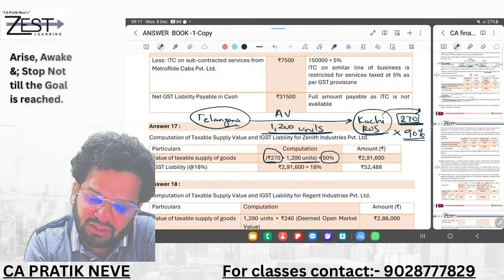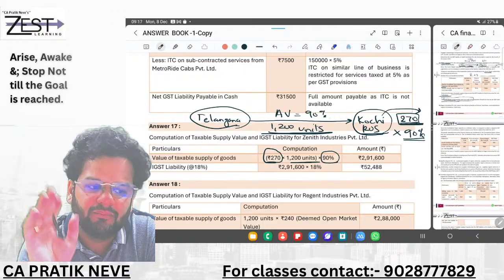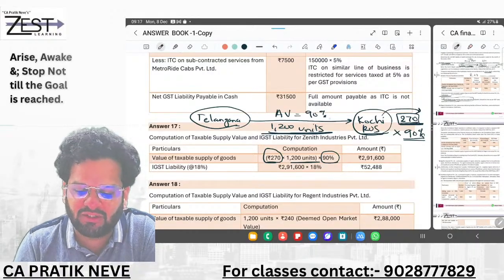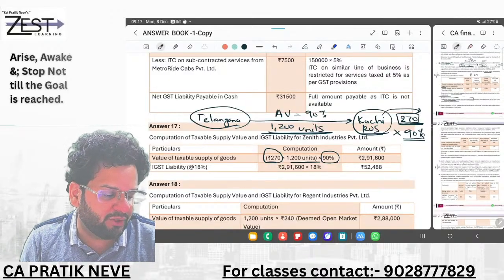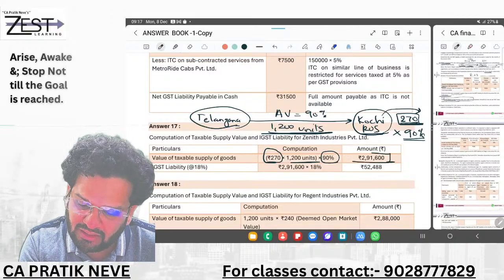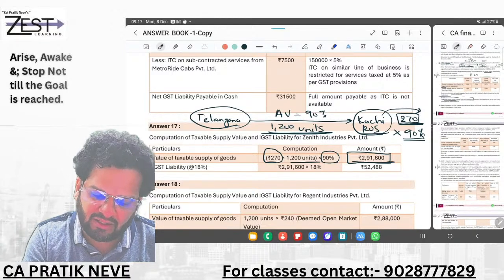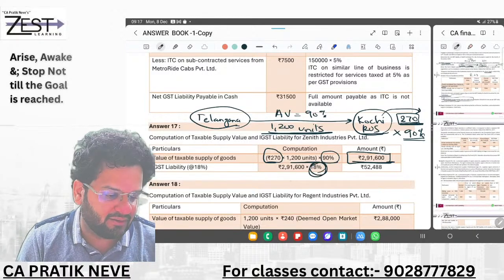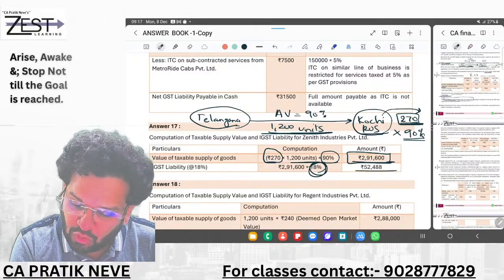So the value between Telangana and Kochi will be, as given in the rule, 90% of that 270. So 270 into 90%, assessable value per unit will be 243 into 1200 units. So 2,91,600 will be the assessable value, and on that GST may be computed at 18%, which will be 52,488.